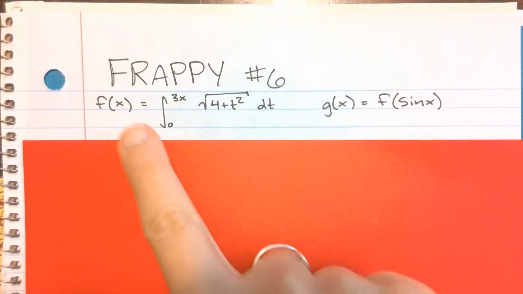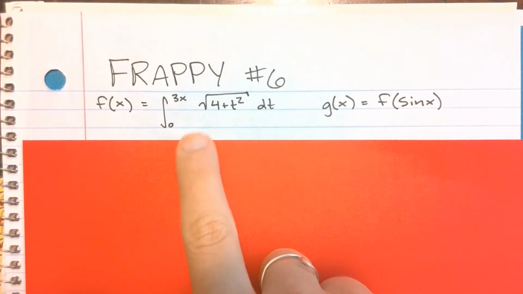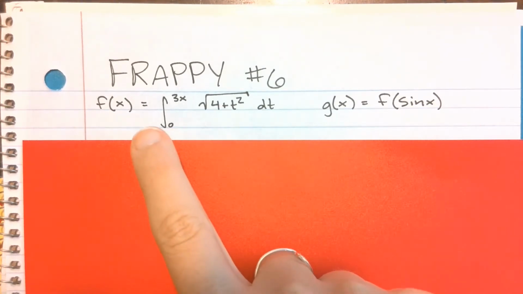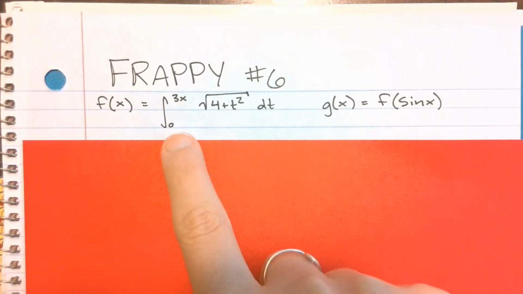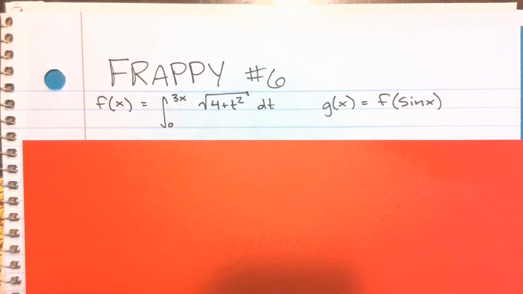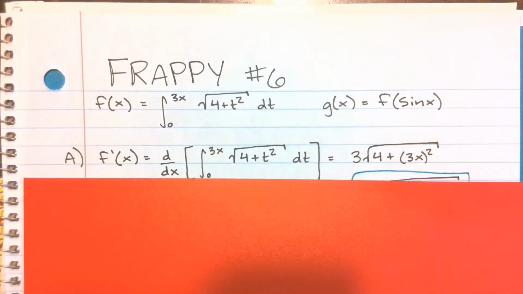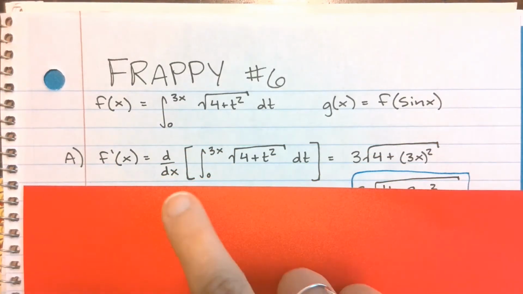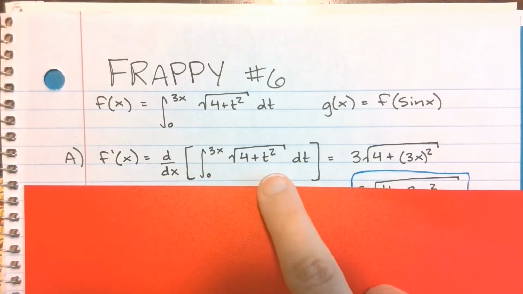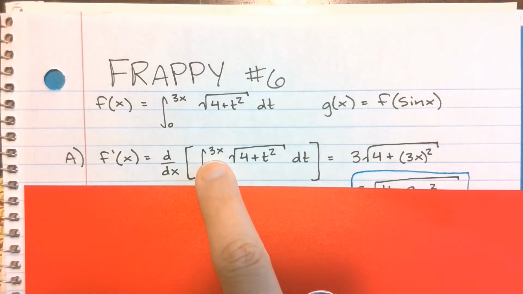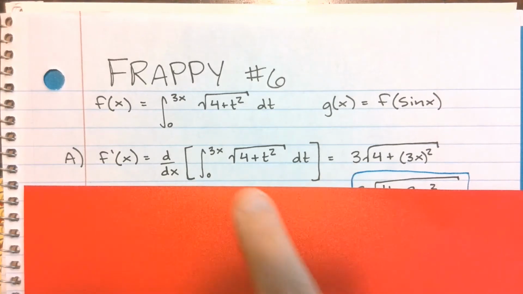When we're finding the derivative of f of x, we've done something similar to this before, where we're finding the derivative of an integral from a number to x, but this is actually from a number to 3x, so it's slightly different. When we take that derivative of the integral, I am going to plug in the whole 3x for t, but then because it was a 3x and not just x, I also have to multiply by the derivative of 3x.